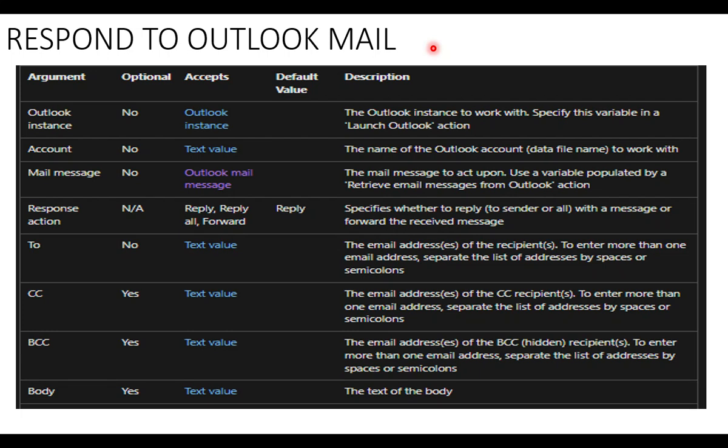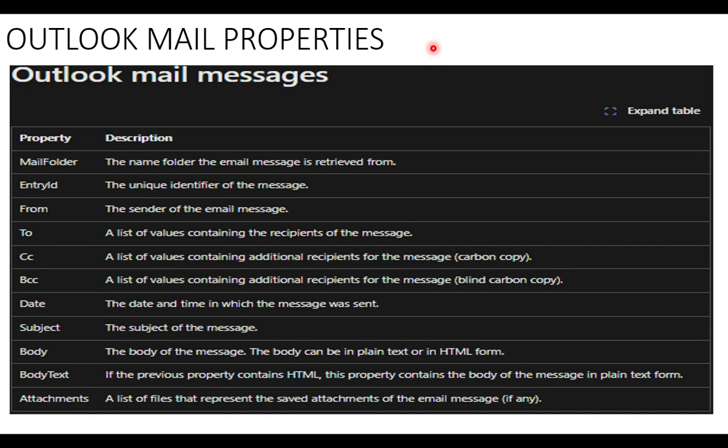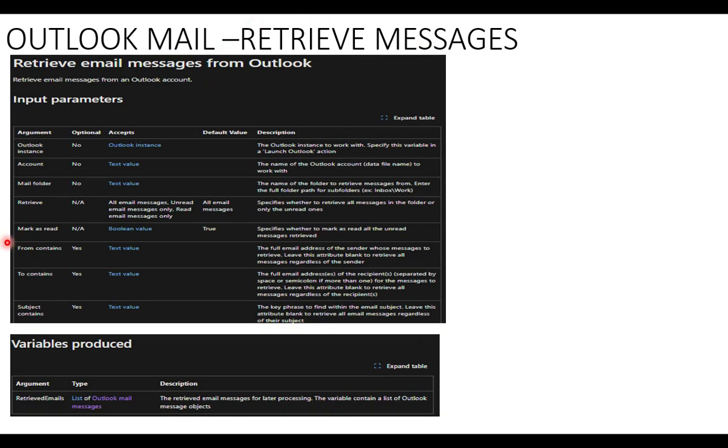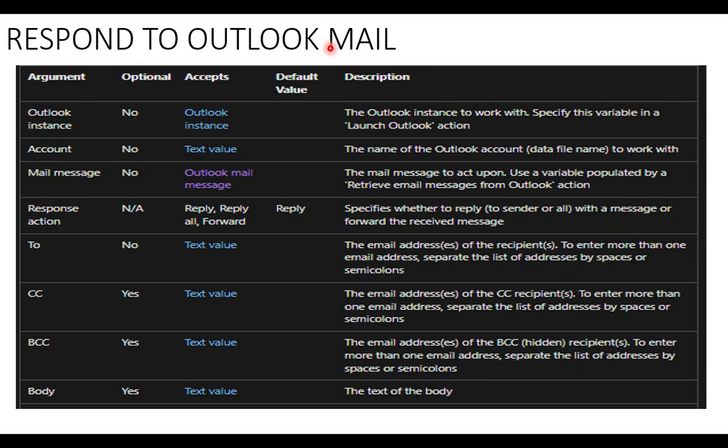First, you can retrieve all those email messages with a particular filter criteria using subject contains or from contains, then get those values in this retrieved emails variable. Then you come to respond to Outlook mail and pass that output variable into this mail message.